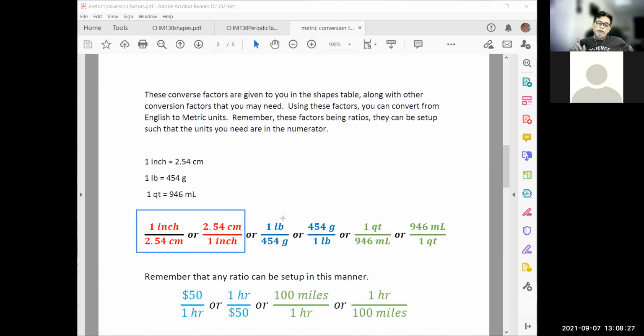Now, these conversion factors, normally you would think, okay, I got a measurement.